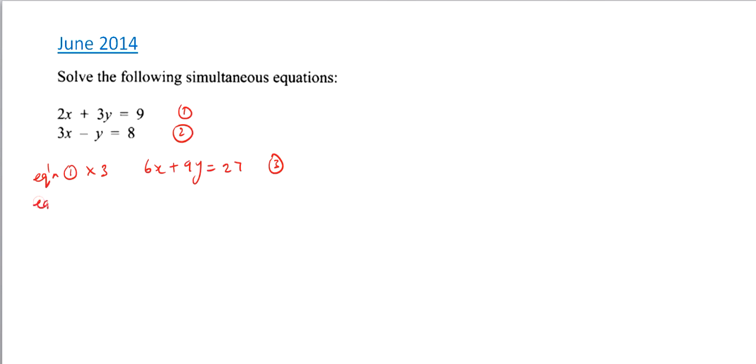And then we're going to take equation 2 and multiply by 2. That'll give us 6x minus 2y equal to 16, and label that as equation 4. Then we are going to subtract both equations. So equation 3 minus equation 4.